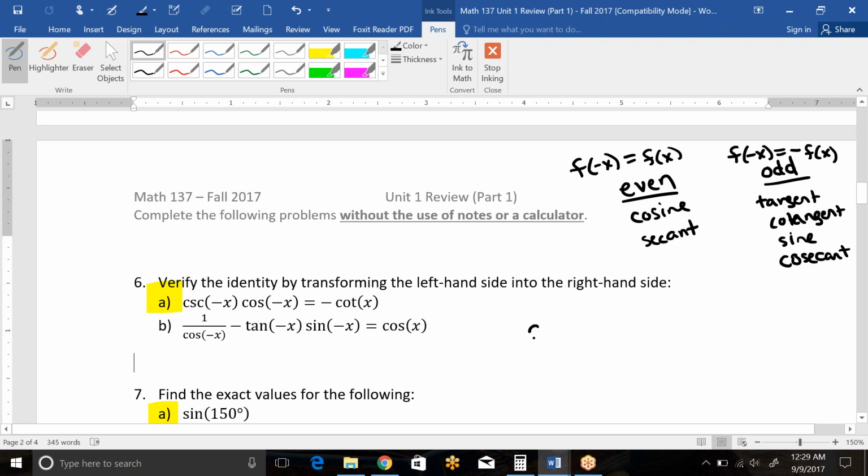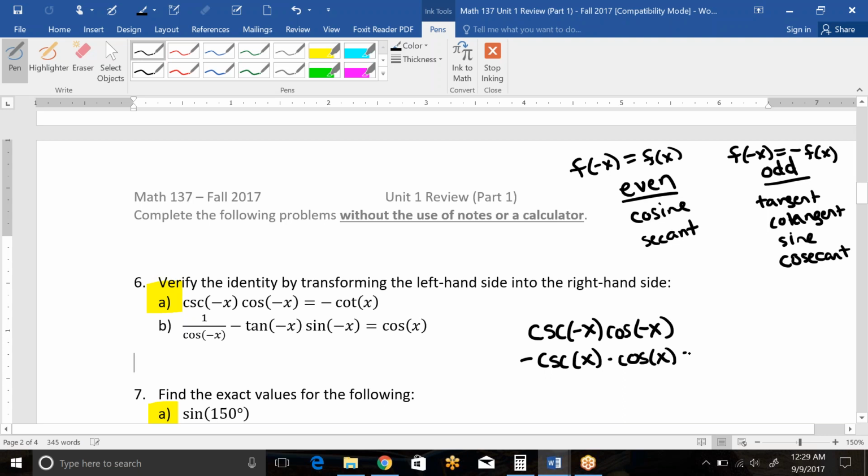So if we write cosecant of negative x times cosine of negative x, because we're trying to transform this into the negative cotangent of x, the cosecant one is negative because it's an odd function, so negative cosecant of x. Cosine is an even function, so it just becomes cosine of x.